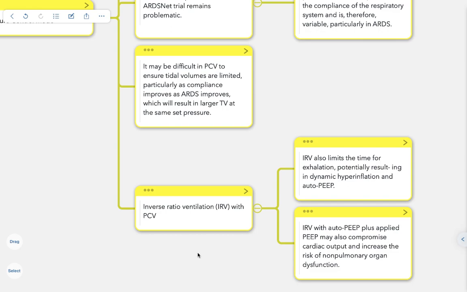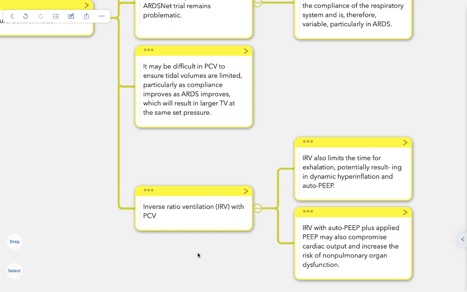And with pressure control, at times we also use inverse ratio ventilation with PCV. That is, the duration of inspiration is increased. Inverse ratio ventilation also limits the time for exhalation. Obviously, if you increase the time for inspiration, exhalation time would be limited, and this potentially results in dynamic hyperinflation and autoPEEP. You're not giving the time for the air to move out of the lungs, so that is eventually going to cause hyperinflation and autoPEEP.